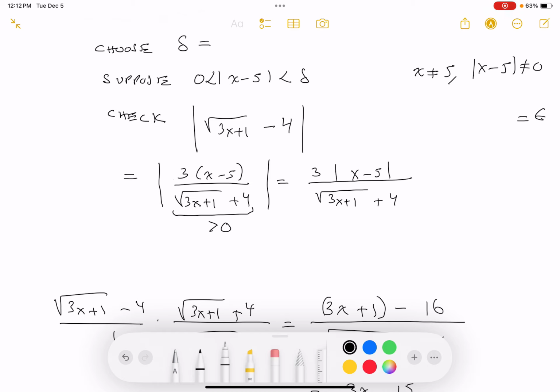All right. Now, going back to this delta business, I'm going to write this down now. This will be less than 3 delta, and then this bottom part, I'm thinking about it. And the question is, what's the least it could be? The least is really a worst case scenario on it.